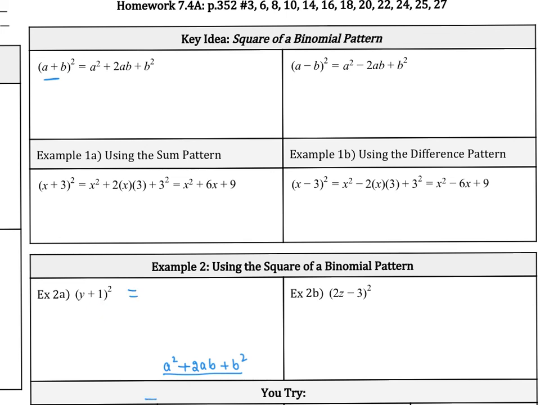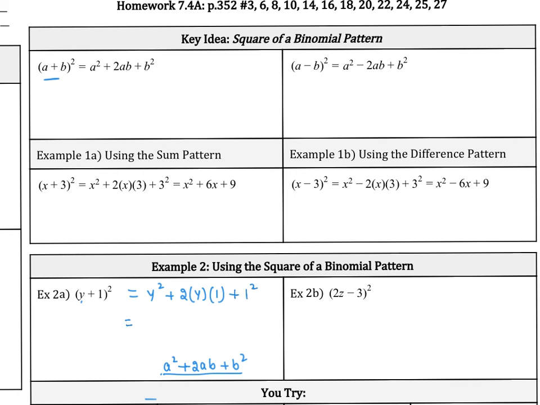So a square means y square, plus 2 times a times b, and lastly b square, which is plus 1 square.